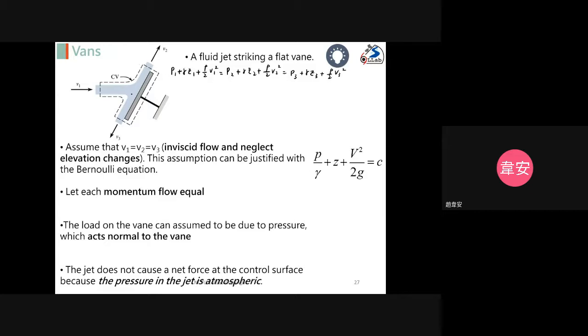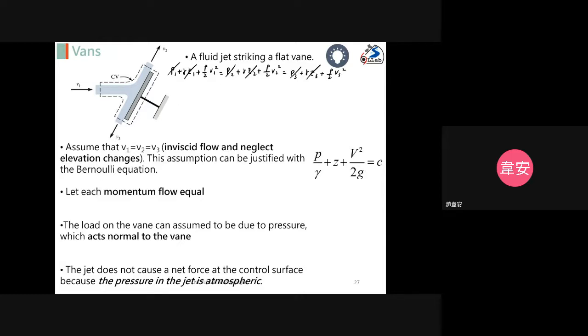Because the system is exposed to the atmosphere environment, the gauge pressures at different cross-sections are zeros. And since we neglect the elevation changes, there is no elevation difference between the three cross-section boundaries.